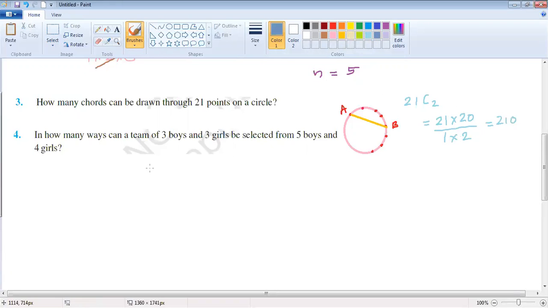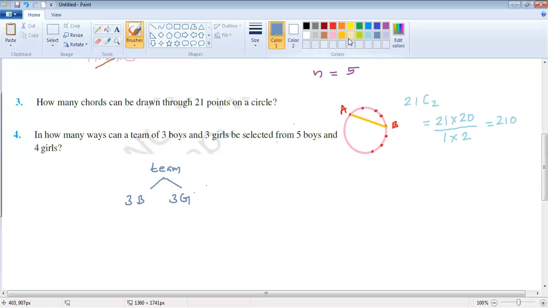Now, in how many ways can a team of 3 boys and 3 girls be selected? So we need a team, and in that team we need 3 boys and 3 girls.